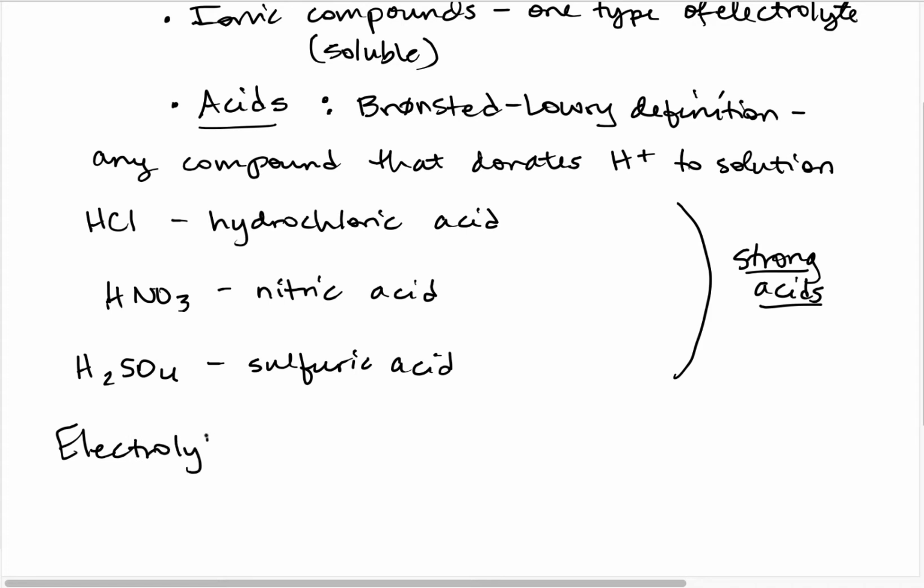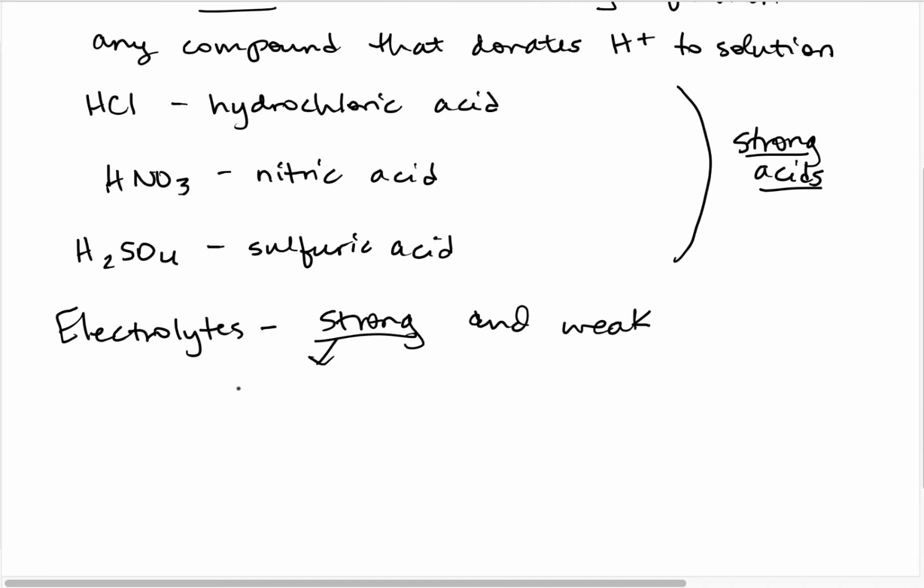So when we talk about electrolytes and acids, we can talk about strong electrolytes and we can talk about weak electrolytes. We can also talk about strong acids and weak acids. Strong electrolytes and strong acids dissociate completely in solution, and weak acids and weak electrolytes dissociate incompletely.